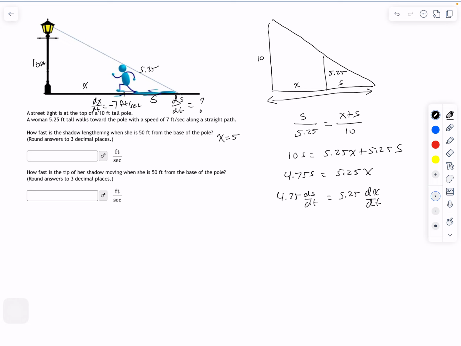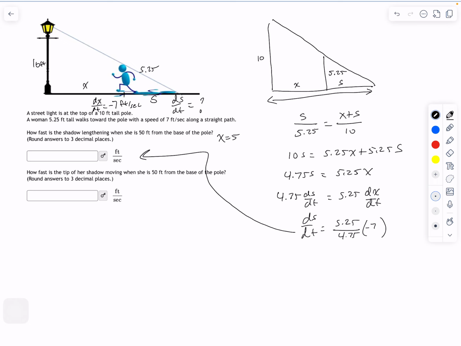We are looking for ds over dt, and we have dx over dt, so let's rewrite the equation: ds over dt is equal to 5.25, and we're going to divide by 4.75 from the other side, times our dx over dt, which we said is negative 7 feet per second. So that's our answer for how fast the shadow is moving.